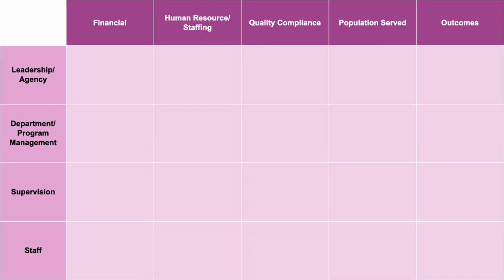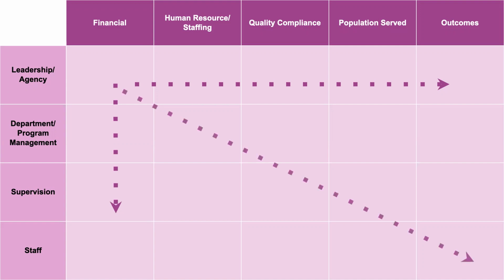The interesting thing about this matrix is that, as I said before, the data that's hard and usable is often in the top left-hand corner of this matrix. As we get further away from finance and human resources towards outcomes, and further away from the leadership and the staff, less and less likely is hard actionable data available to be used.